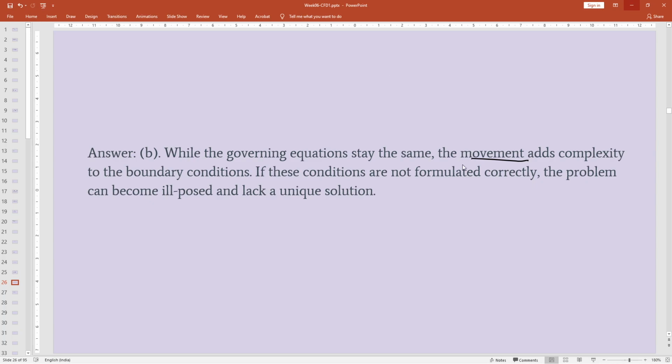If not, these movements can create errors which make the system ill posed. So while handling problems with moving boundaries, we have to model the boundary conditions accordingly and couple them well with our existing governing equations to get a unique solution.